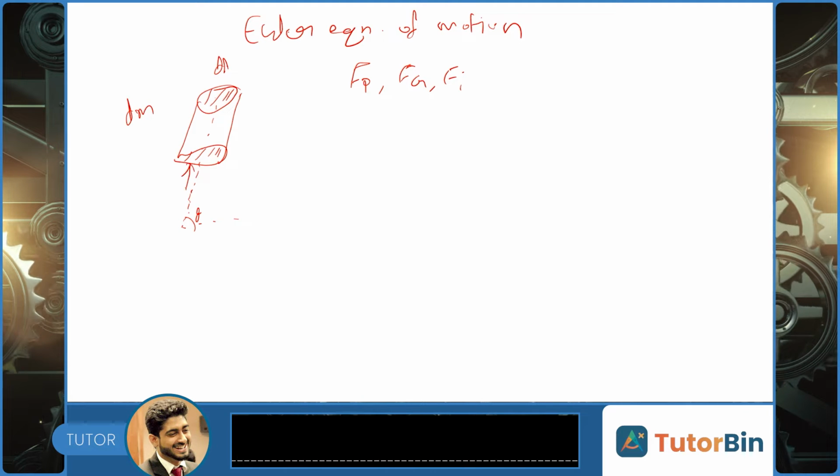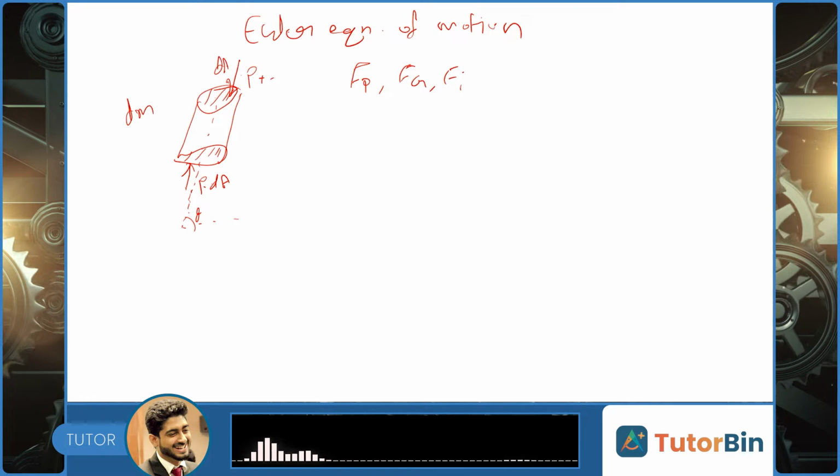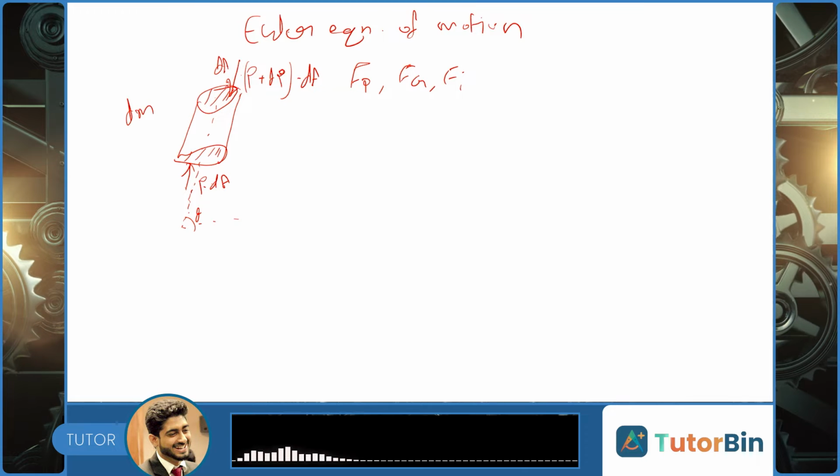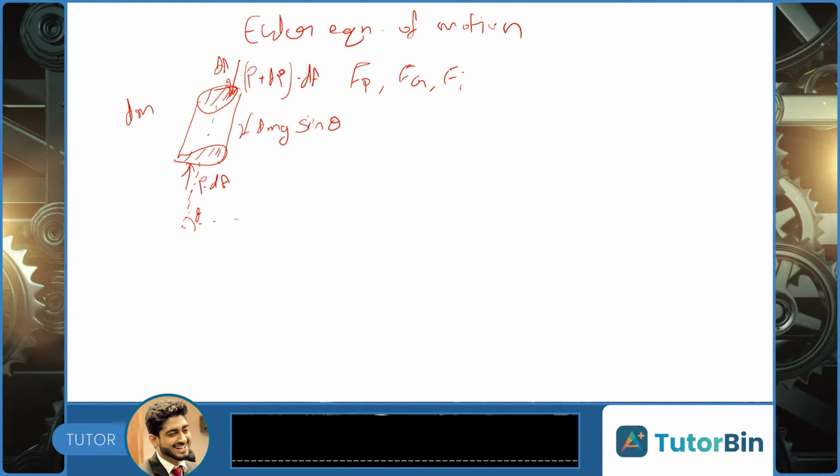Pressure force will be P dA from this side and P plus dP multiplied by elemental area dA from this side. And gravity force, that is the weight of this element, will act vertically downward, mg, but we are taking it at an angle theta, so it will be dm g sine theta. And inertia force is mass times net acceleration, that is dm times a.